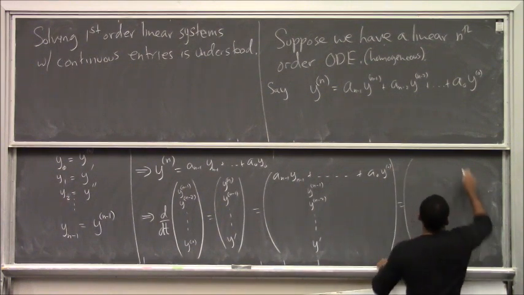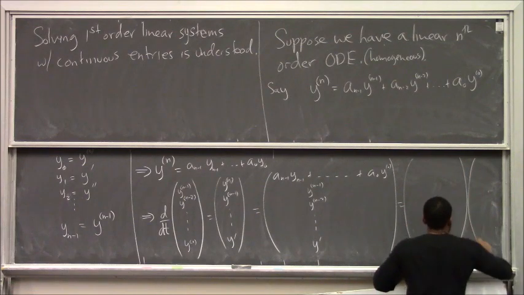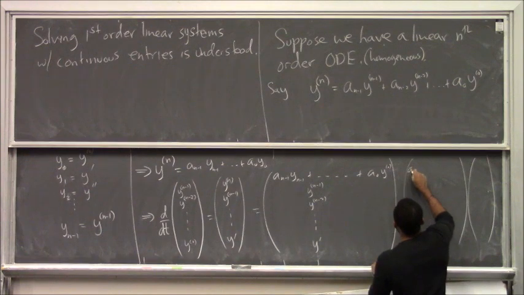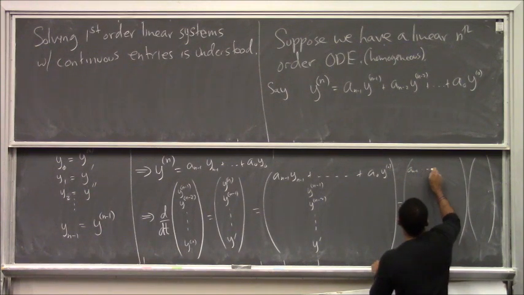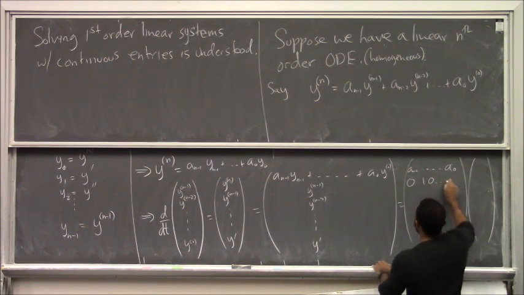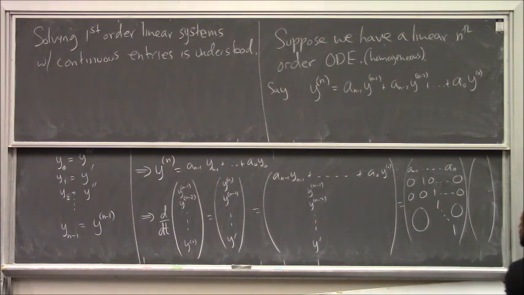You'll notice what I can do from there is via matrix multiplication, I would have the coefficients here, a n minus 1, all the way down to a 0. I would have 0, 1, 0, 0, 0, 1, 0. And this pattern of 1s will continue all the way down to here. And over here, I'm going to have the yn minus 1 all the way down to the y1.